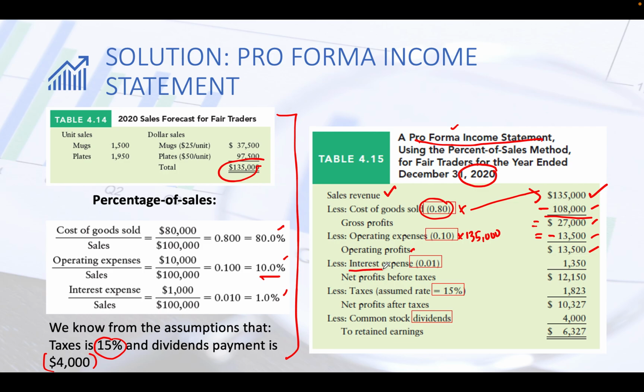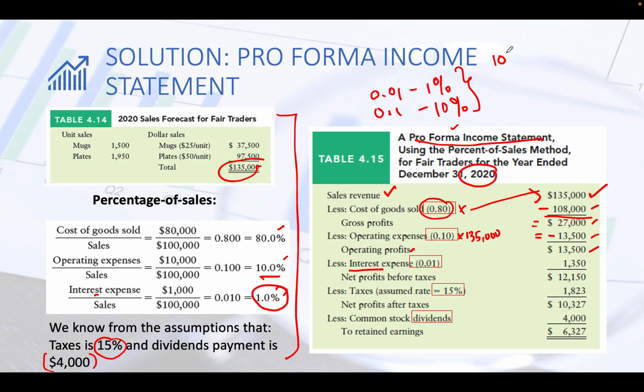So, we move to next. Interest expense. How to calculate interest expense? Interest expense is 1% from sales. So, 0.01. Okay. Remember, 0.01 is 1%. 0.1 is 10%. From my experience, students, a lot of times they making a silly mistake.